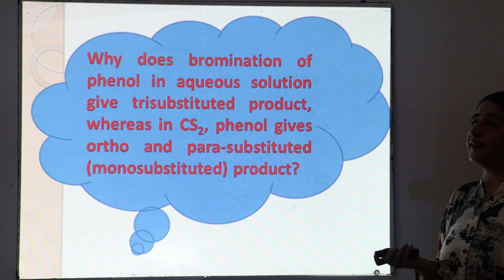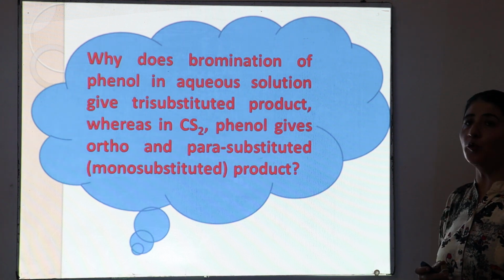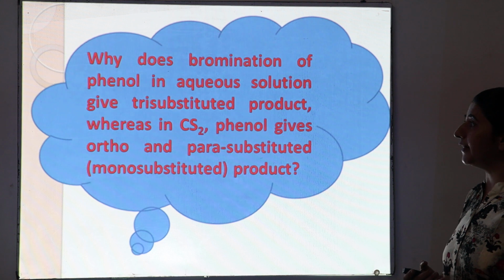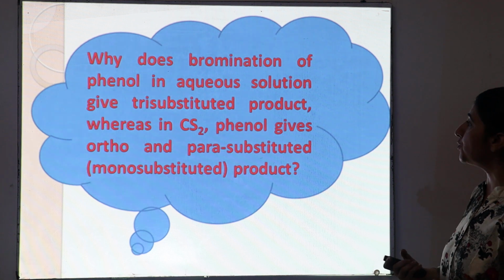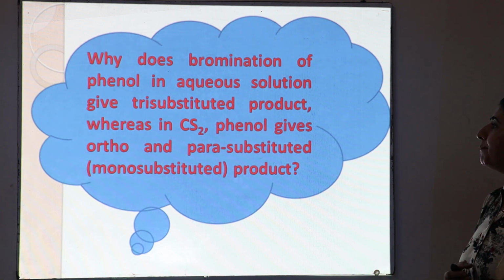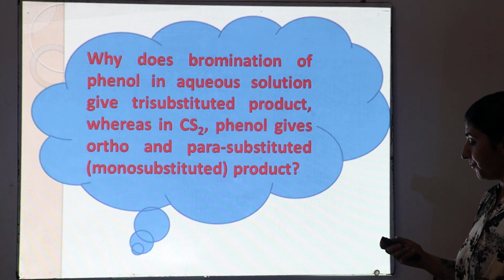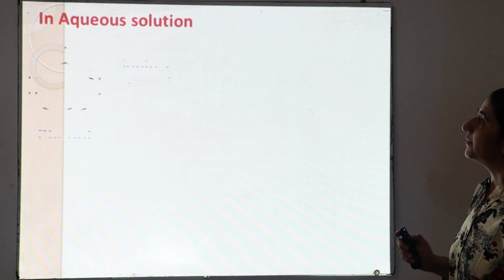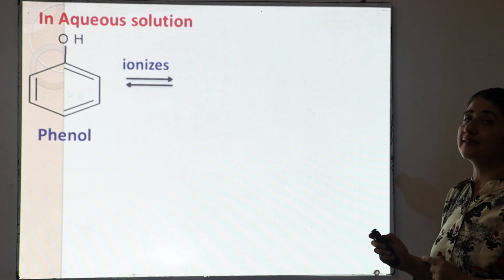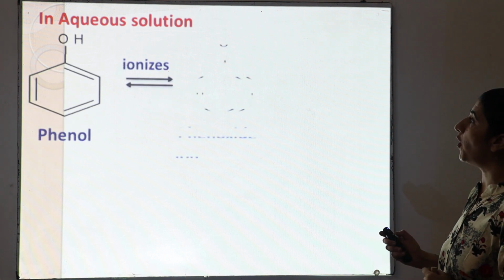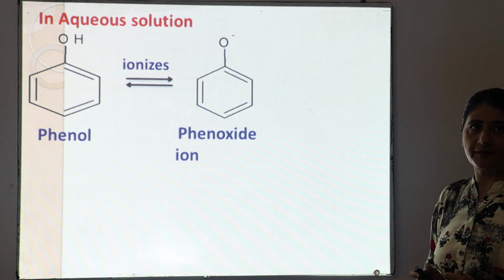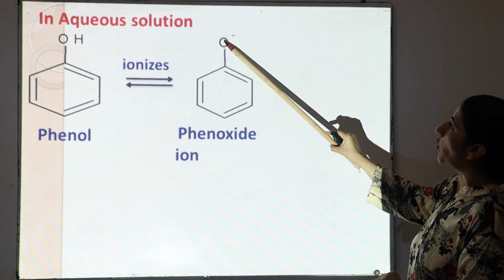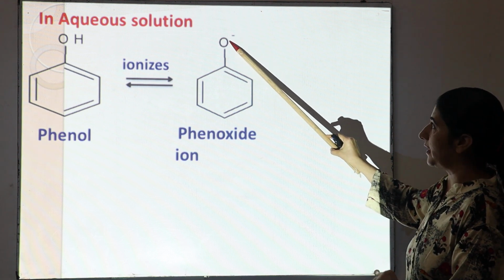So the next question is, why does the bromination of phenol in aqueous solution give a tri-substituted product, whereas in the case of CS2, phenol gives ortho and para substituted products? This is explained as follows. In an aqueous solution, phenol ionizes to a greater extent to form a phenoxide ion. In phenoxide, it is clear that the oxygen carries a negative charge.